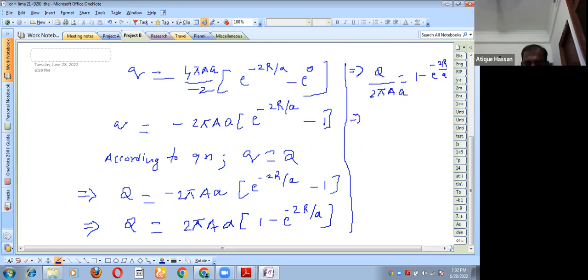From here, I will separate this. E to the power minus 2r by a will be equal to 1 minus Q by 2 pi a small a.